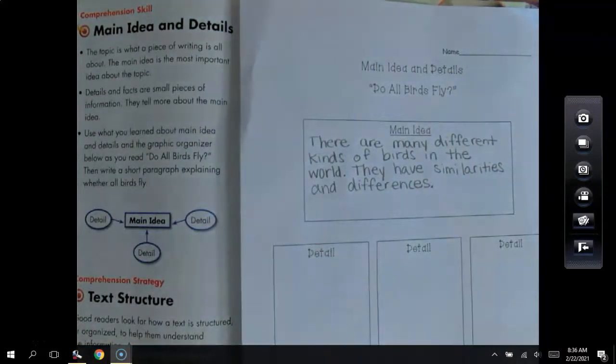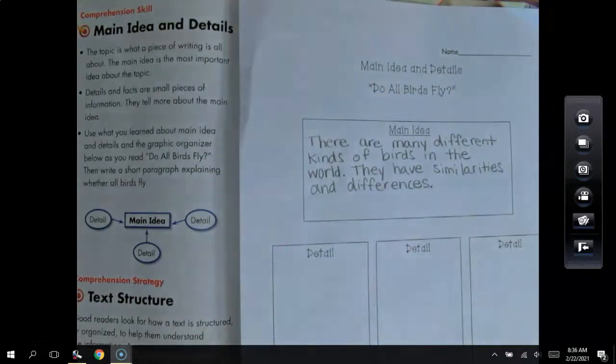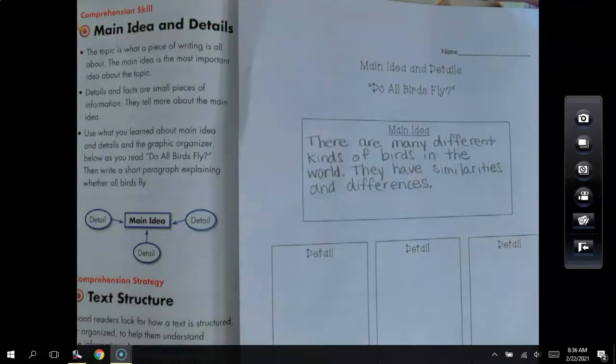When I'm taking the entire selection, I'm coming up with the main idea that, yes, we know that there are many different kinds of birds in the world. It told us that. And from reading the selection, we found out that they do have similarities. The birds do have similarities, but yet they also are different. They also have their differences. So I'll give you a minute to go ahead and write that.